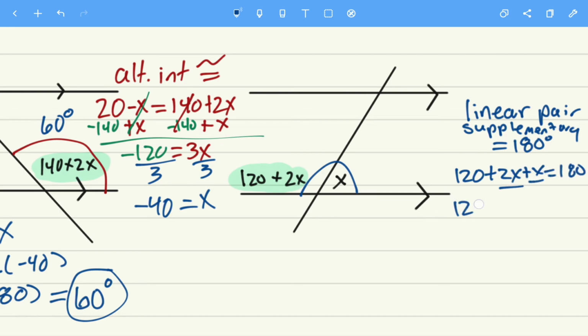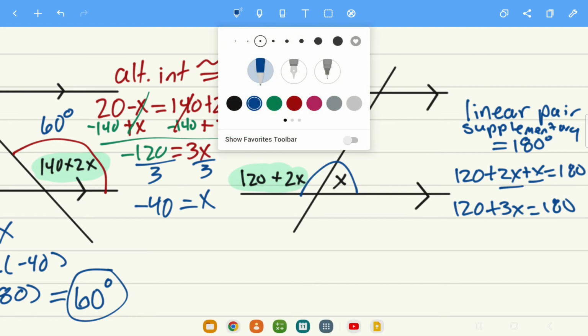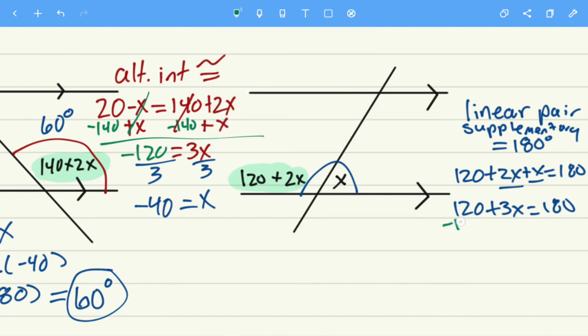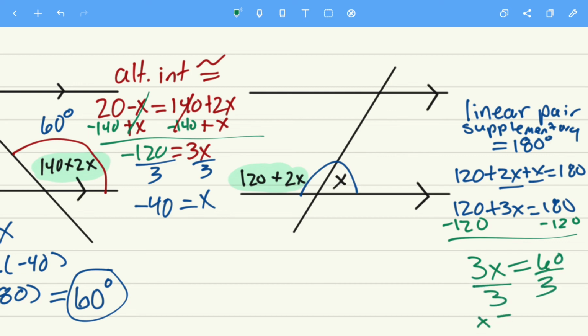Combine like terms, we get 120 plus 3x equals 180. Subtract 120 from both sides. We get 3x equals 60. Divide both sides by 3. We get x equals 20.